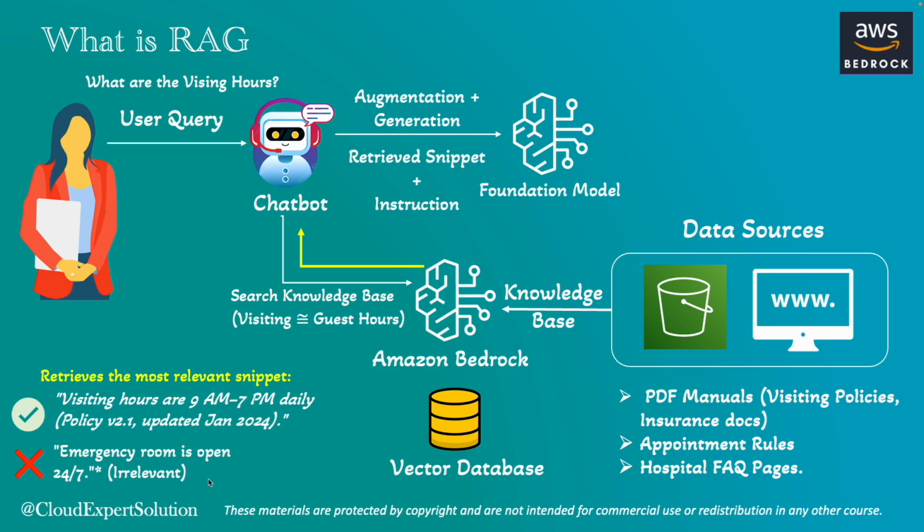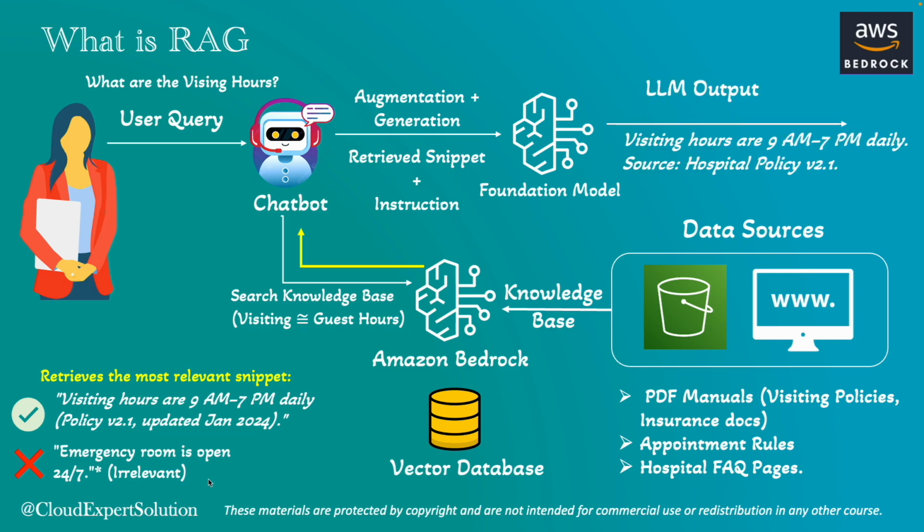As an example, it can provide the context like visiting hours are 9 a.m. to 7 p.m. daily, from policy version v2.1, which is retrieved from the knowledge base. It can provide the user's question, which is what are the visiting hours, and also it is going to provide instruction on the task: answer concisely and cite the source. Based on this information, our foundation model or the LLM will generate the output.